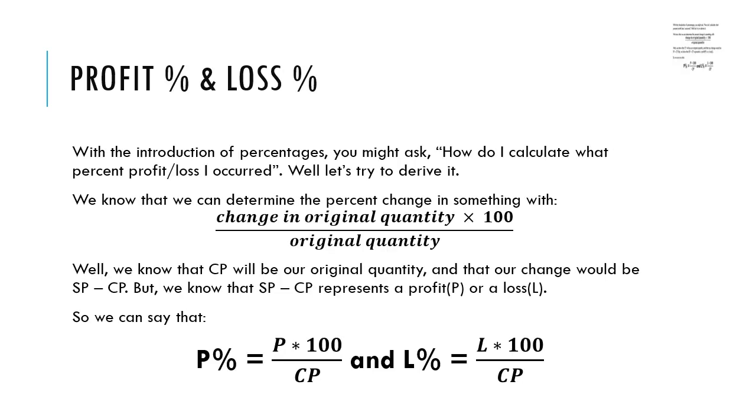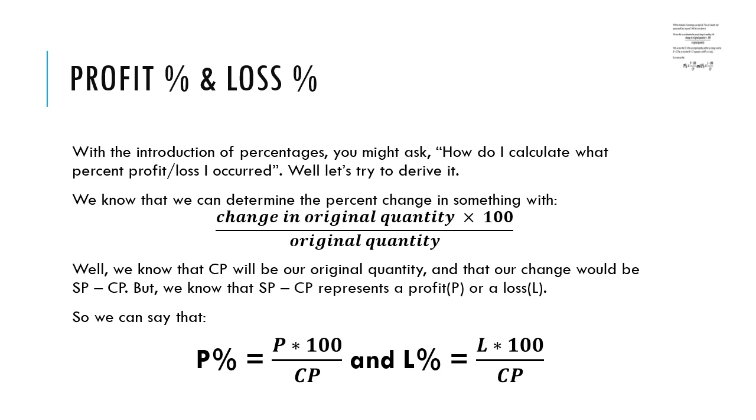With the introduction of percentages, you might ask, how do I calculate what percent profit or what percent loss I incurred? Well, let's try to derive that. We know that we can determine the percentage change in something with the following formula: change in original quantity into 100 divided by original quantity.